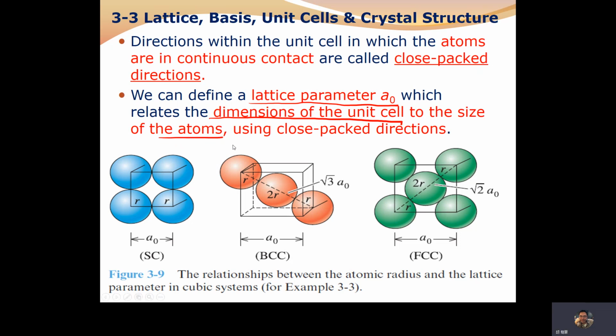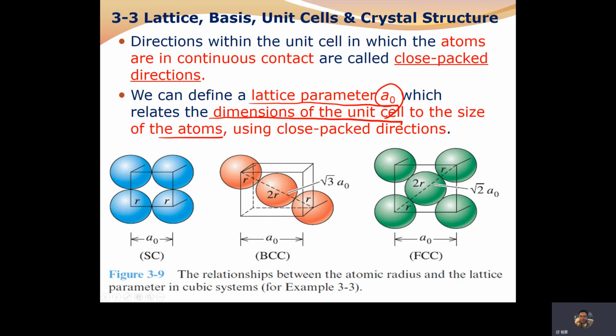So here we are discussing the cubic structure. No matter if it's simple cubic, body center cubic, or face center cubic, they all belong to the cubic system. Therefore the lattice parameter is a0, and a0 is related to the atomic radius, that is, the size of the atoms.